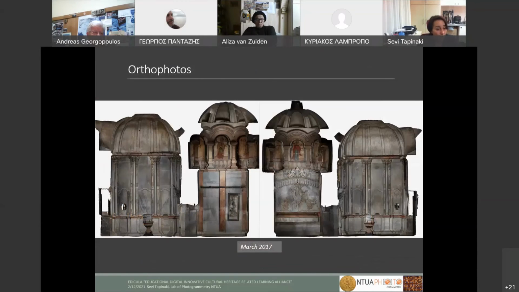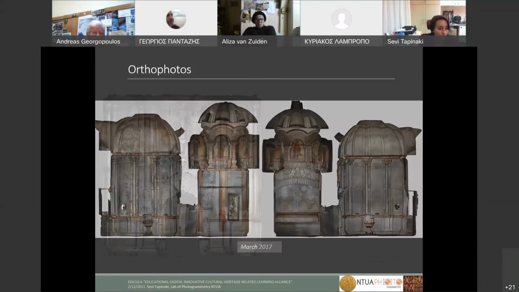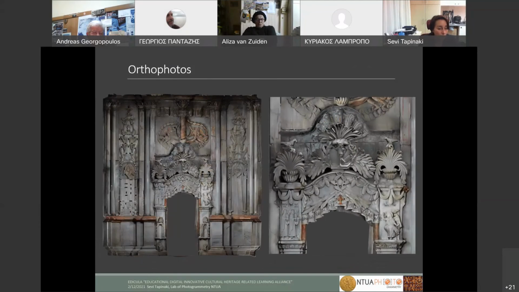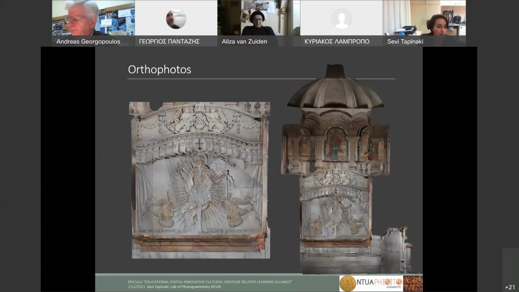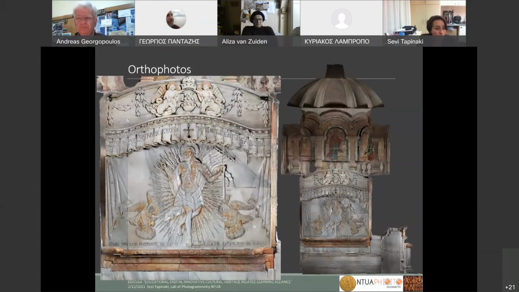Orthophotos of the interior. We can see the whole interior there. And orthophotos of details. This is a detail in the Angel's Chapel on top of the entrance to the Holy Tomb chamber. And here, this detail is the representation of the resurrection on top of the Holy Tomb.